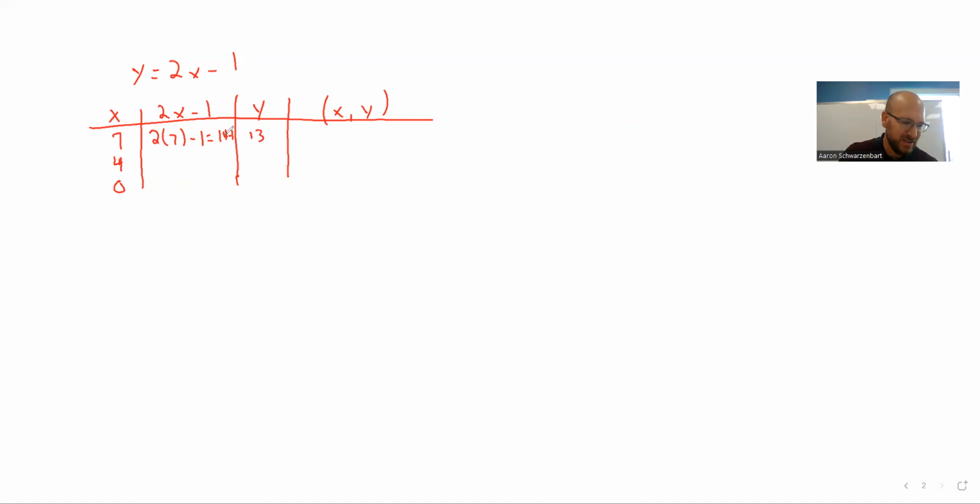If you're making your own XY table, leave yourself a little space to simplify this. XY then is 7, 13. Four, 2 times 4 minus 1, that's 8. 8 minus 1 is 7.